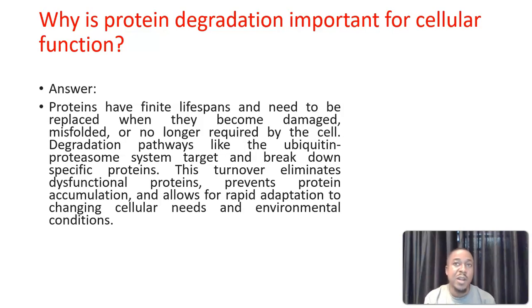When we call them glucogenic amino acids, it means their carbon skeletons can be used to produce glucose, while the carbon skeletons of the ketogenic ones can be used to produce ketone bodies. So due to cellular needs and environmental conditions, the cell will determine which protein to produce and which not to produce.